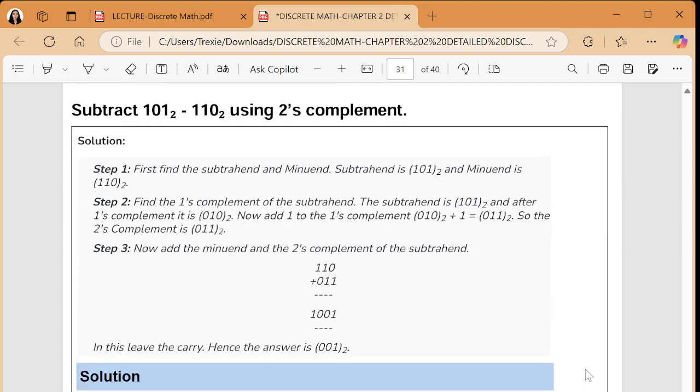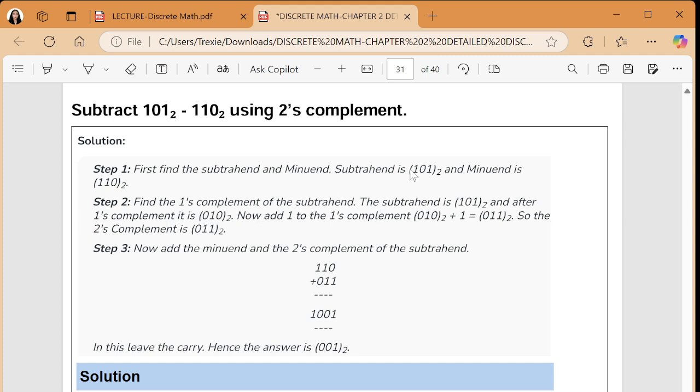How about if we use the 2's complement? The first step is we need to find the subtrahend and minuend. As we all know, 101 is our subtrahend, and our minuend would be 110. So step 2, find the 1's complement.